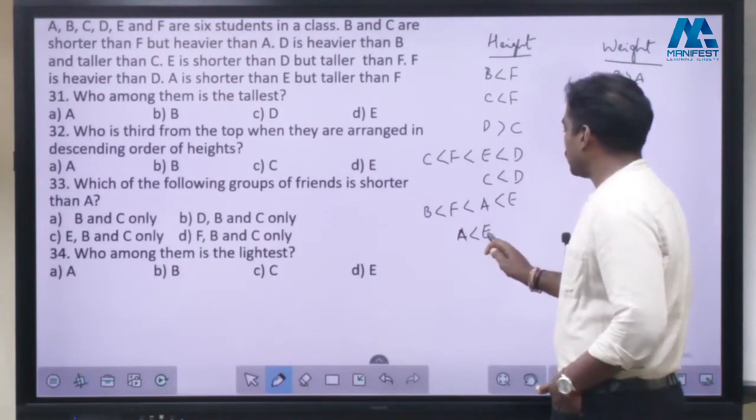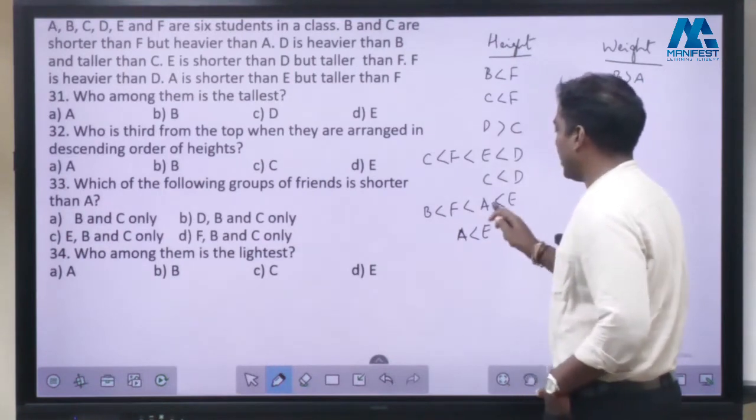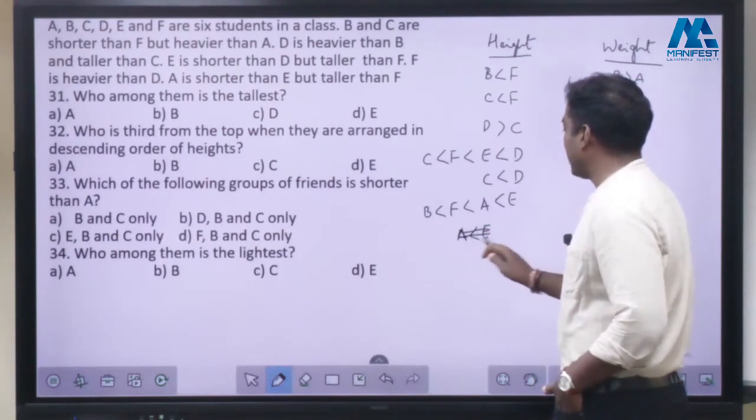That means F is smaller than A. That is why I have taken like this.